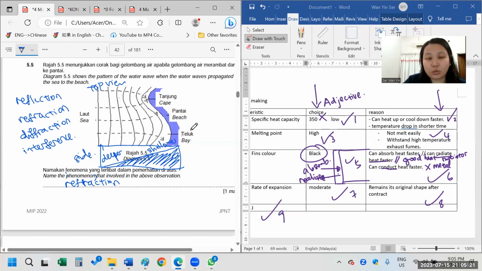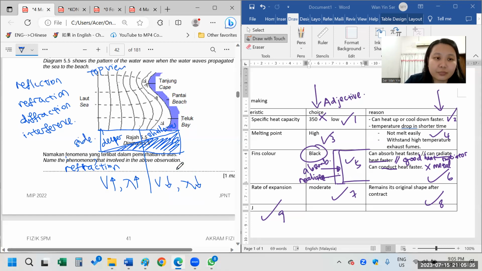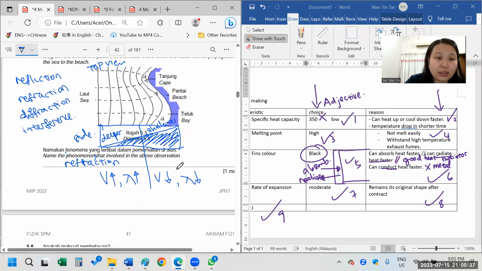Okay, so you need to revise back. Deeper means velocity higher, lambda higher. Shallower means velocity slower, lambda shorter. Okay, this is refraction.